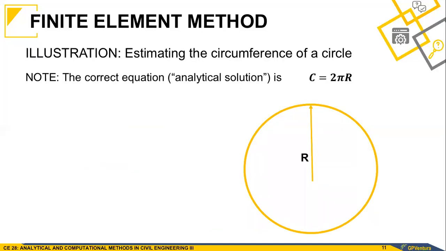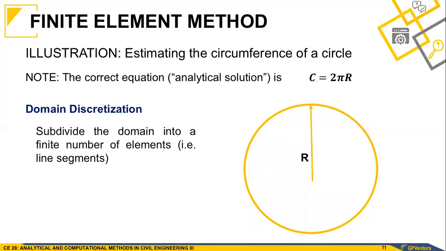Let's try to look at a simple example of FEM. For example, we want to estimate the circumference of a circle. We know that the analytical solution of the perimeter or circumference of a circle is 2 pi r. So again, what we do in order for us to find the perimeter using FEM, first step, as we have mentioned, is to discretize.